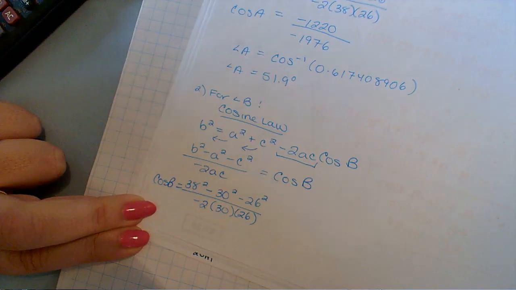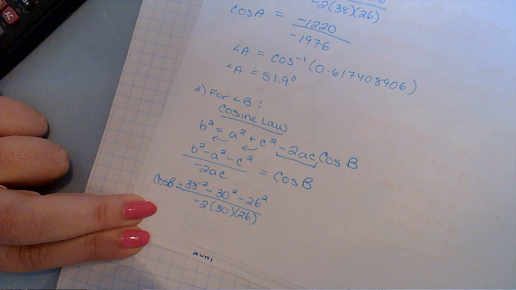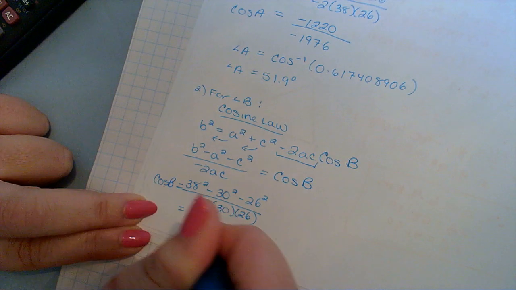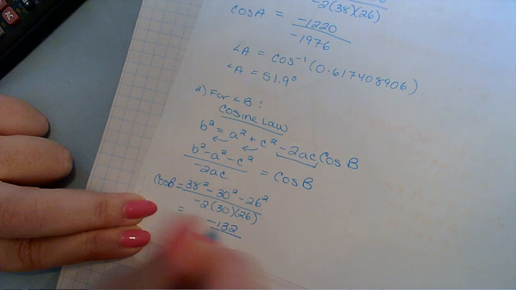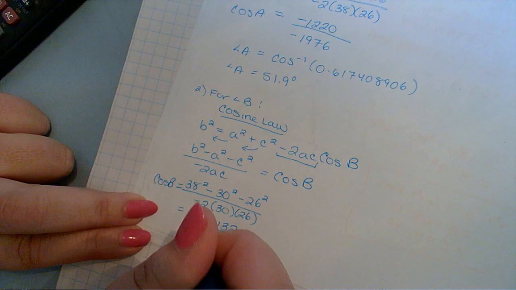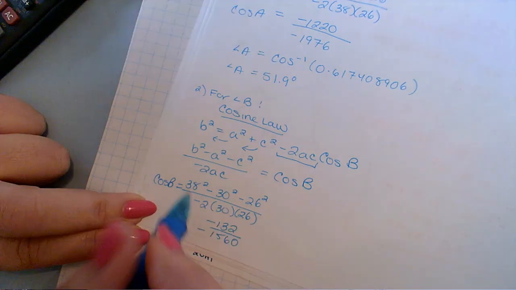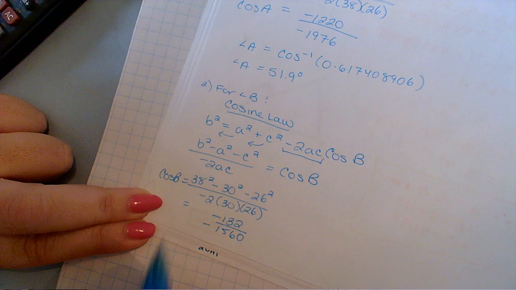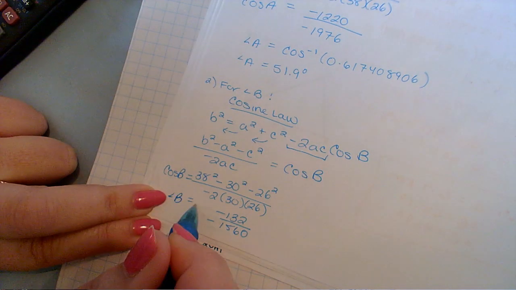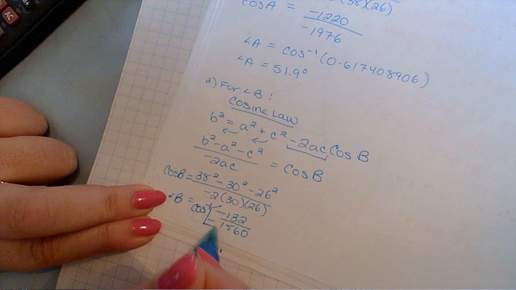Use your calculator. 38 squared minus 30 squared minus 26 squared. On top, you get negative 132. And on the bottom, 2 times 30 times 26 gives us negative 1560. Now again, to save myself even more time, I'm going to write angle B right away, and I'm going to put cos to the minus 1 of that whole fraction.